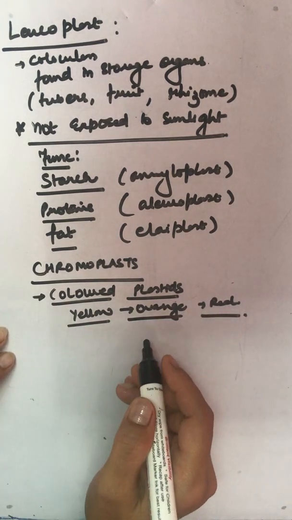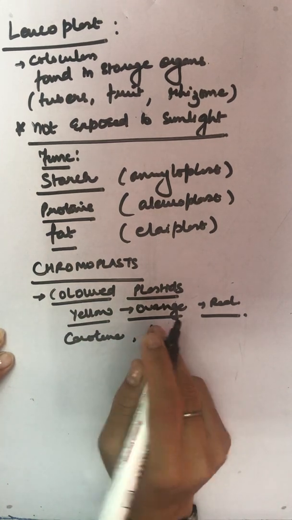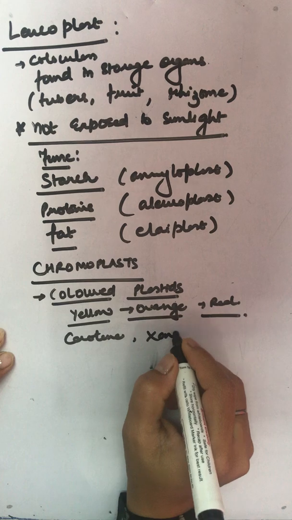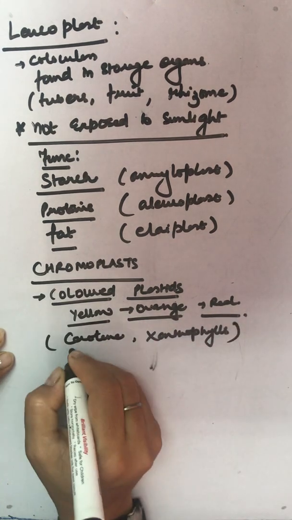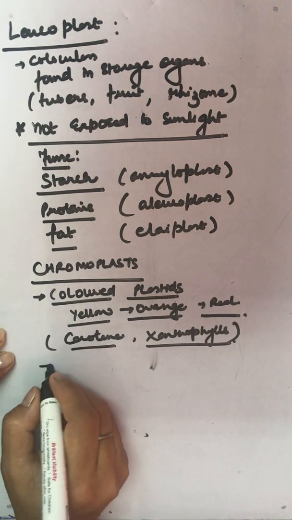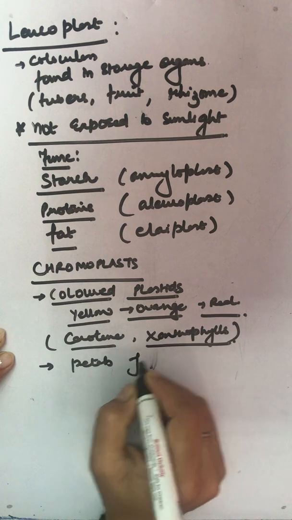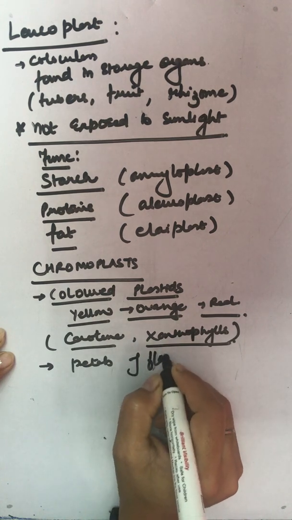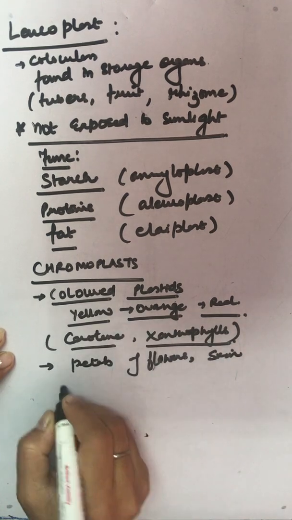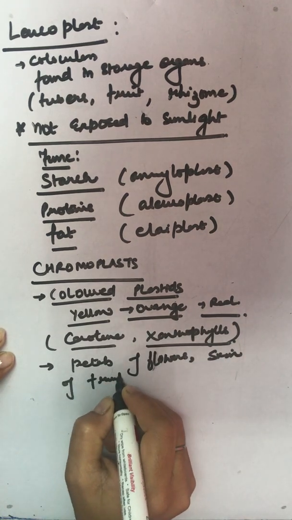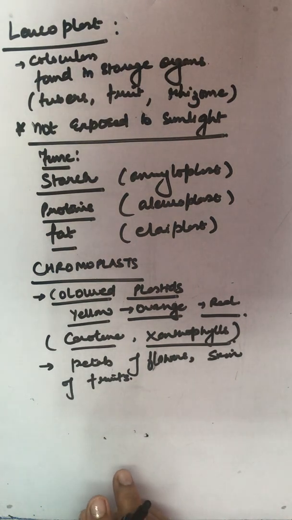So basically they have carotene and xanthophylls. Where are these found? Found in petals of flowers, and skin of fruits, which is varying from red to yellow to orange in color.